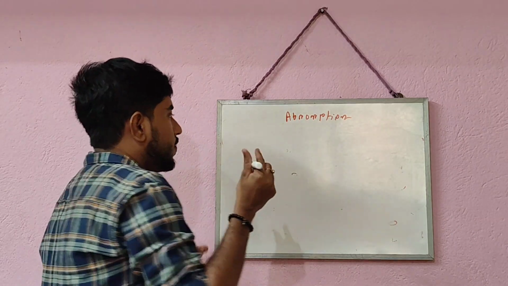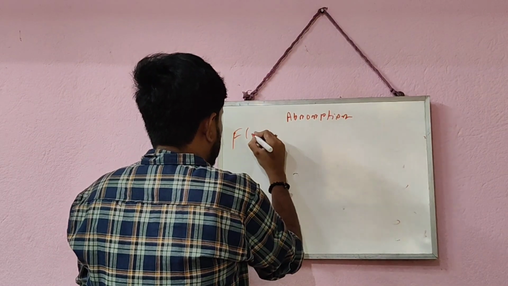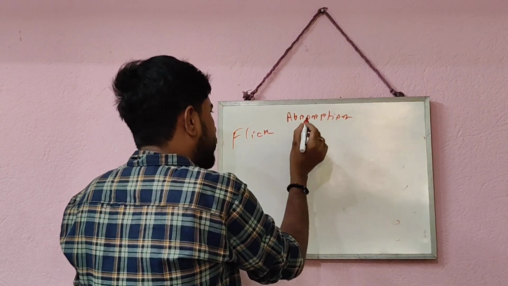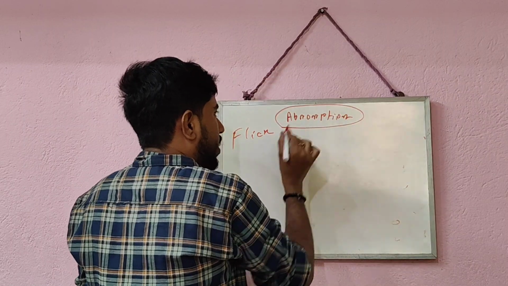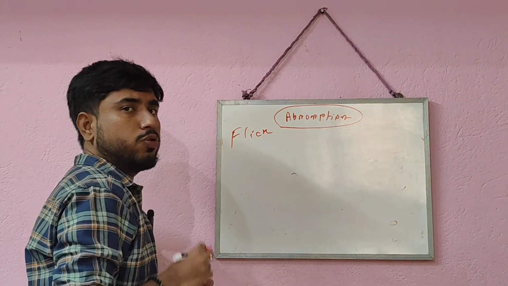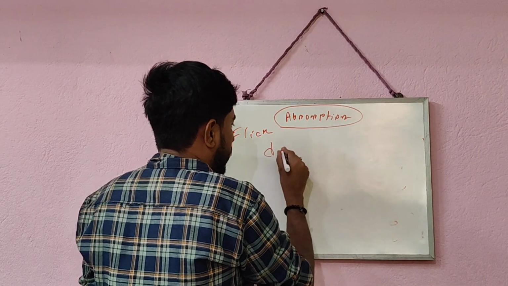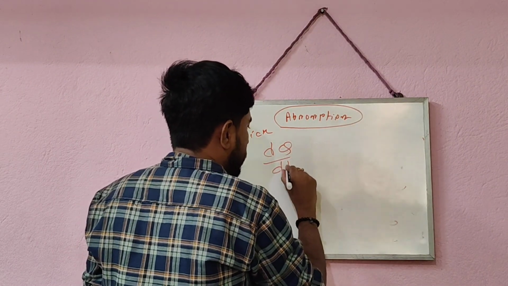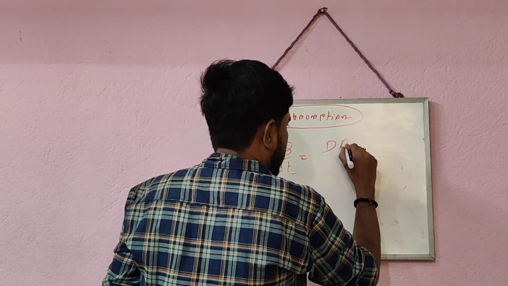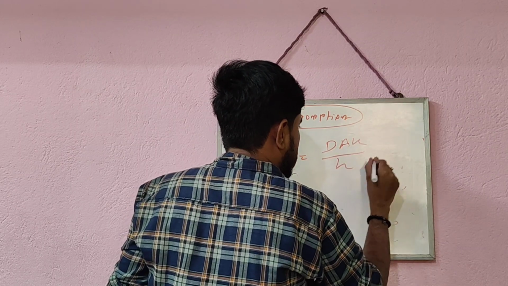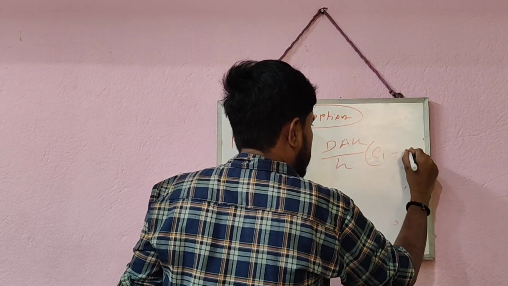So by Fick's law, we can know which factors affect drug absorption. What does Fick's law say? According to Fick's law, dQ/dt is equal to DAK/h into (C1 minus C2).